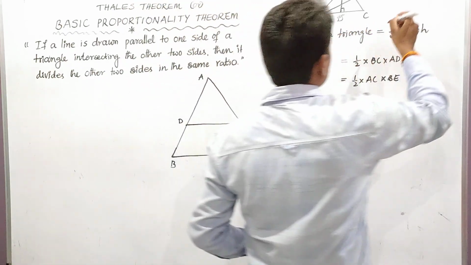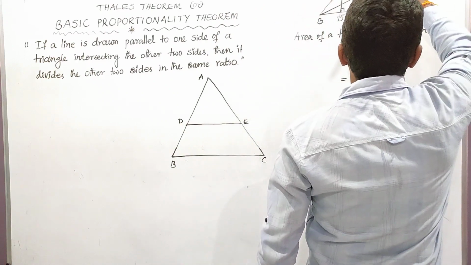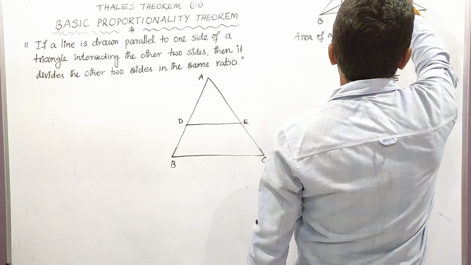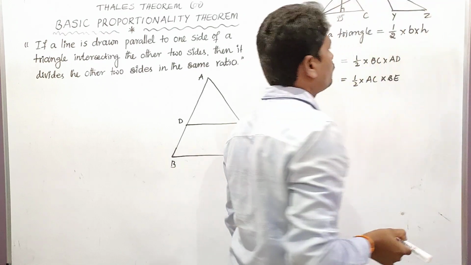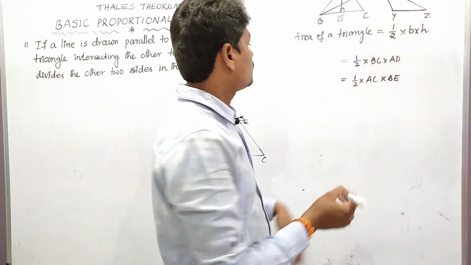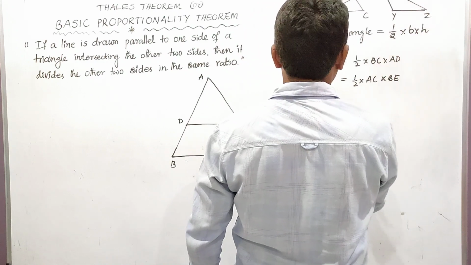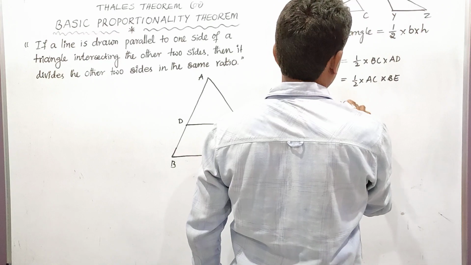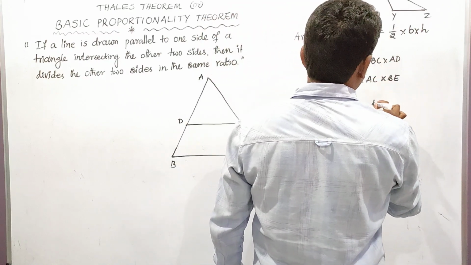So suppose there is a triangle, student, an obtuse angled triangle. Let it be XYZ. Now I want to find the area of this triangle. Area of triangle XYZ is equal to half into base.